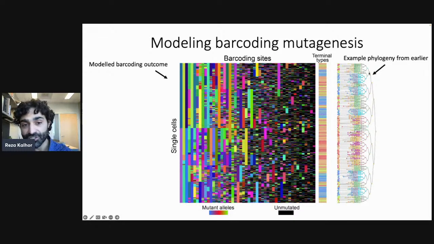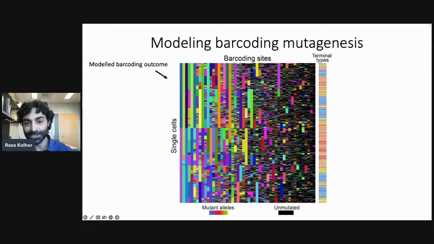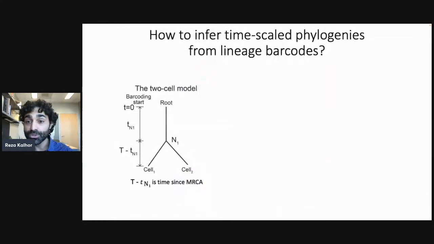This is actually the phylogeny I showed you earlier. It's just sideways. And this is the barcoding outcome that was simulated with our model based on this phylogeny. But the reality is that this is what we would get in a barcoding experiment, and we would have to infer the phylogeny.